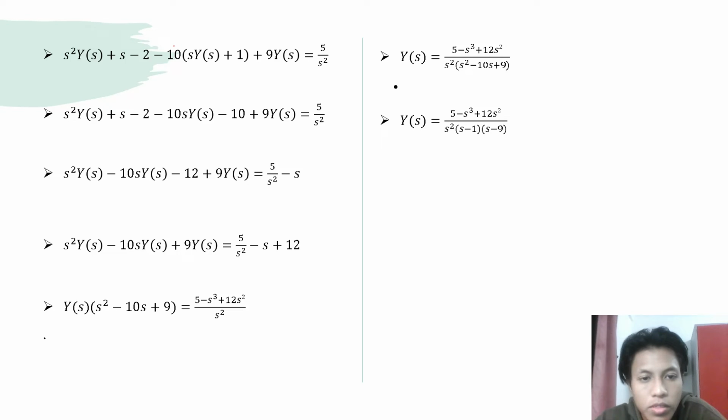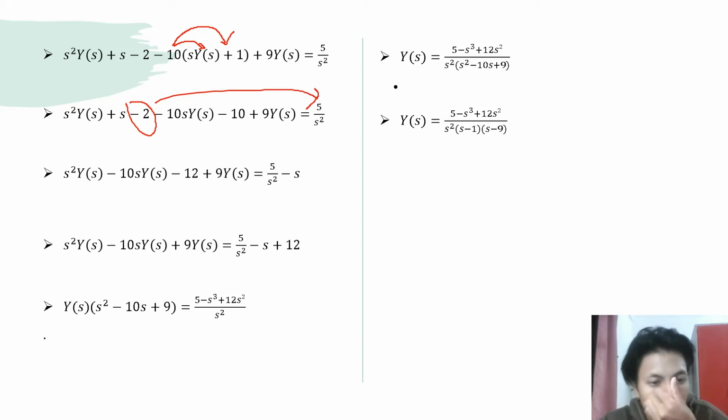So the 10 we must multiply into the bracket. So we get s square Y(s) plus s negative 2 negative 10 sY(s) minus 10 plus 9Y(s) equal to 5 over s square. So after that, we move the -2 to the other side. Okay, we get s square Y(s) minus 10 sY(s) minus 12 plus 9Y(s) equal to 5 over s square minus s.